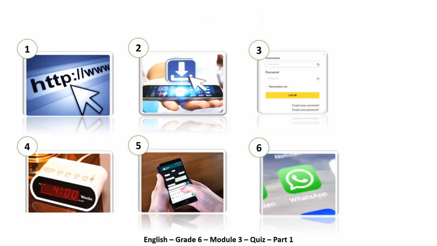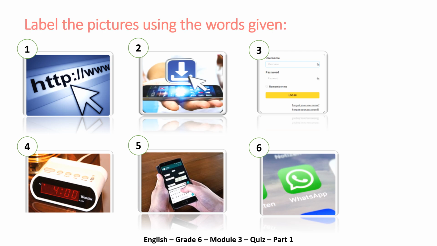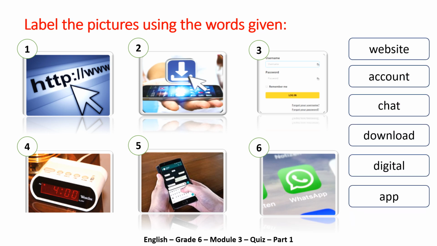Assessment time. Here we have an exercise which is label the pictures using the words given. In other words, match each word to the suitable picture. Let's read the words together. Website, account, chat, download, digital, and app.